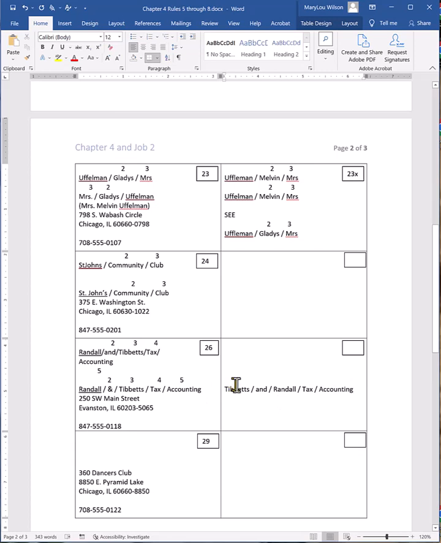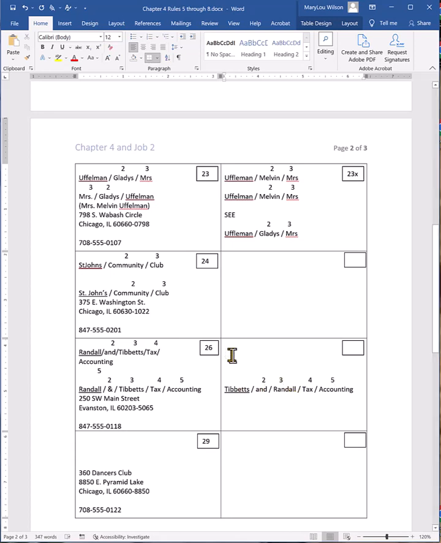And notice that all I did was to reverse the order of these two names. Everything else stays in the same order. So Tibbetts now becomes the key unit. I'm going to write the unit numbers. And is unit 2, Randall unit 3, tax unit 4, and accounting unit 5.